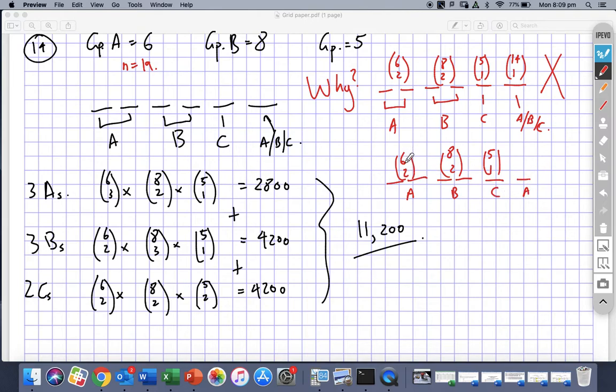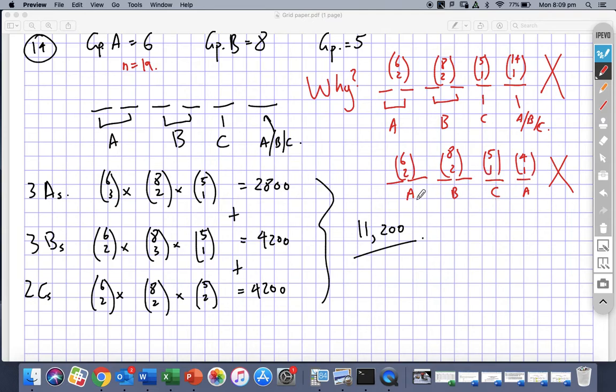How many A's are left? 4 choose 1. Wrong again. Still not going to work. I won't get 2,800 if I do that. I'll get a larger number.